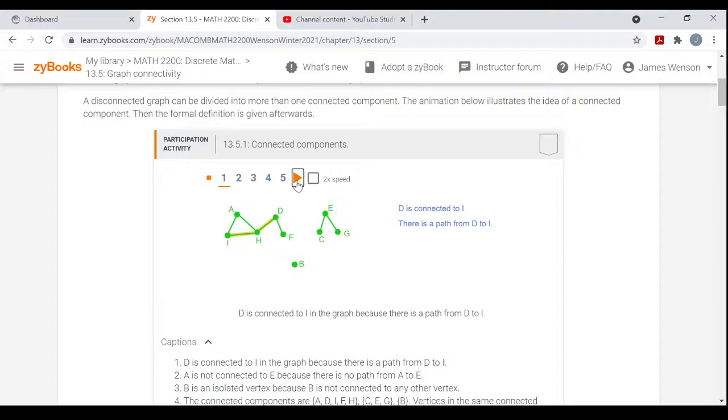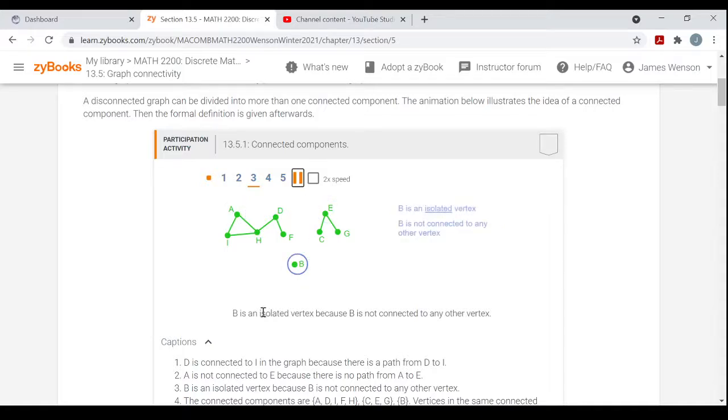Well, let's continue. A and E aren't connected because there's no path that can take me from vertex A to vertex E. So this graph would be considered a disconnected graph, but with 3 connected components.